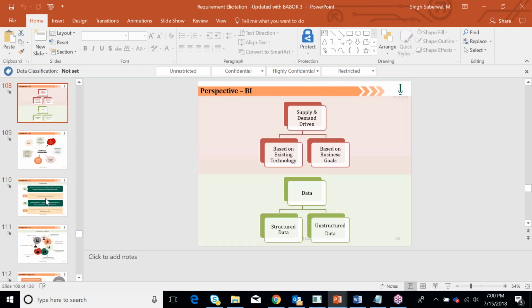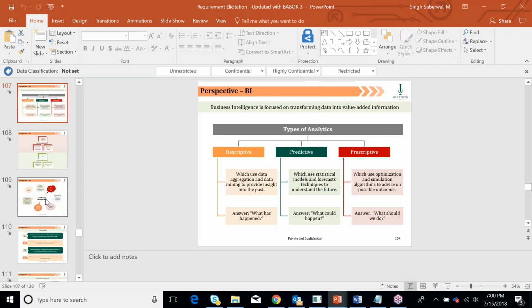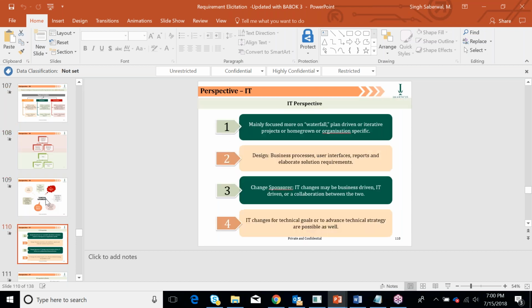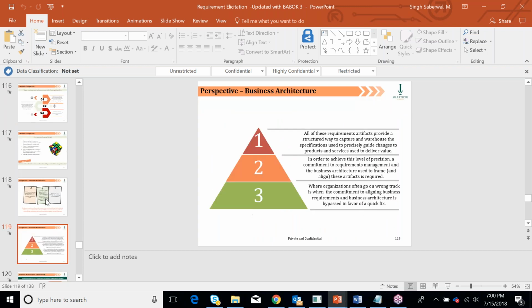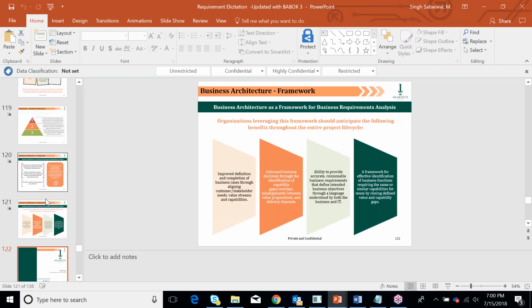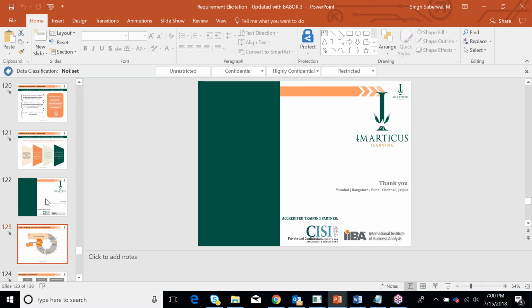Here is where I was talking. Look at this: descriptive, predictive, prescriptive. The different kinds of analytics that you will do as a BA. That comes under BI. Then comes your IT. Then comes BPM. Then comes your business architecture framework in detail. And then this thing finishes.